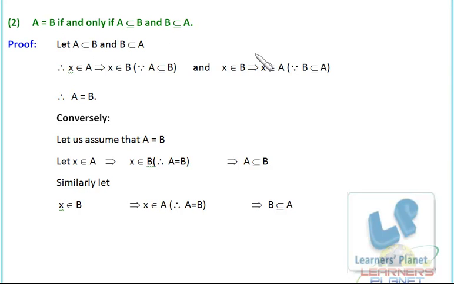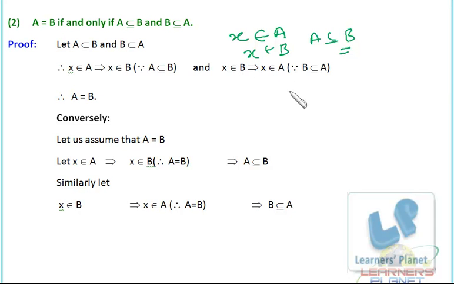Now I assume one element, that is X. Okay. Now X belongs to A. Now if A is a subset of B, X belongs to B also, right? So if X belongs to A, X belongs to B, that means A is a subset of B. Okay.